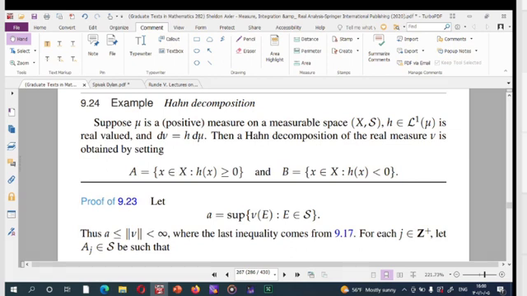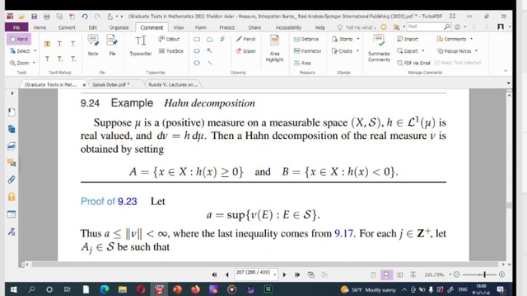Mu is a positive measure and h belongs to L1, is real valued, and define this measure.